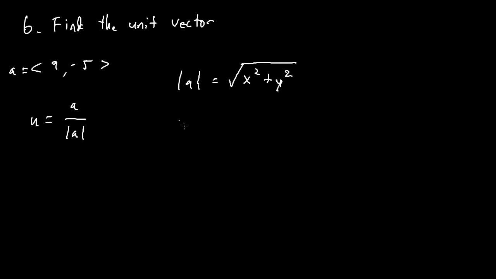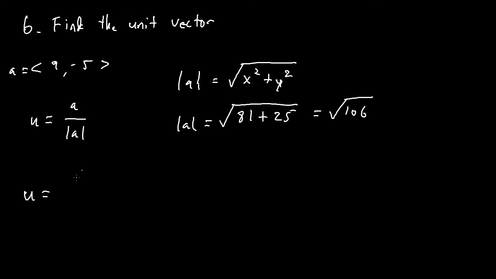So the absolute value of A, or the magnitude, is going to be the square root of x squared. The x component is 9, so squared that is going to be 81, plus y squared, which is 25. So that will give us the square root of 106. So the unit vector is going to be A. The vector A has the components 9, negative 5, and we're going to take that over the square root of 106.